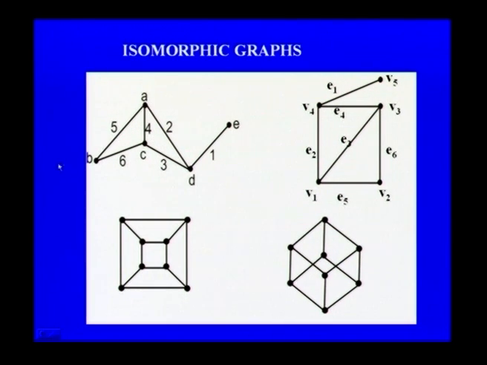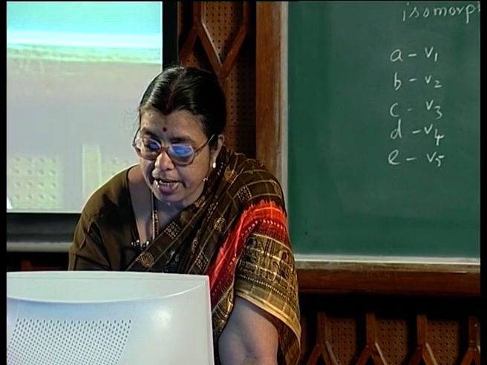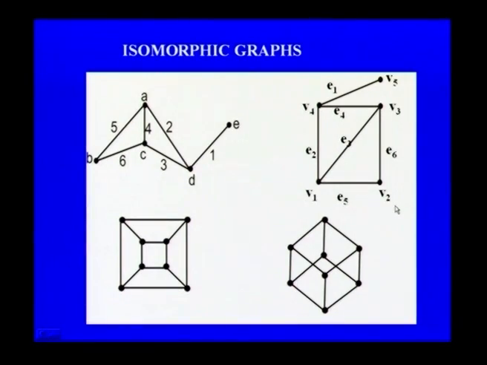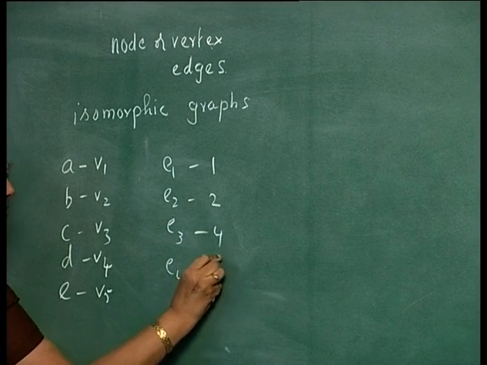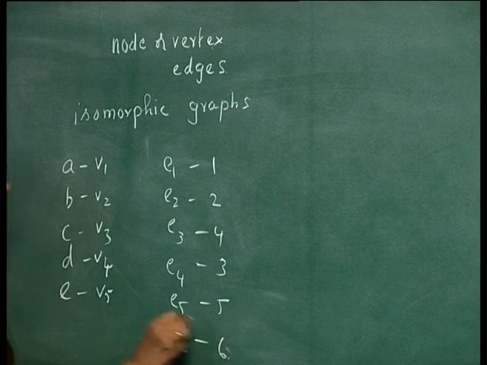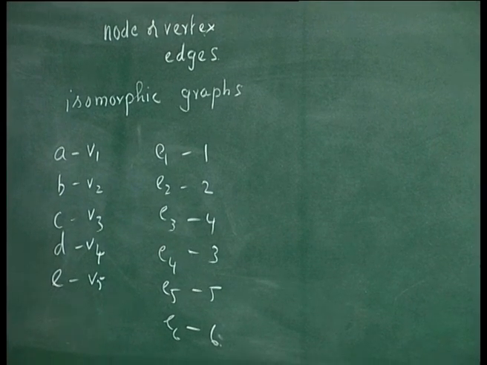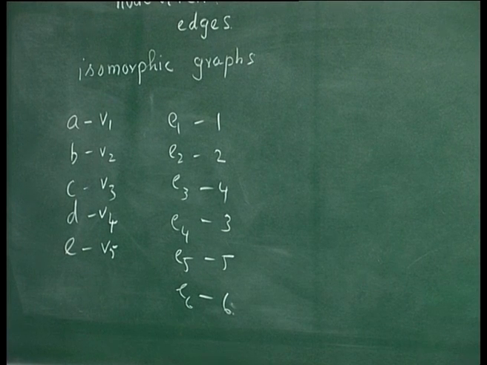Between A and B there is edge 5 which corresponds to E5 between V1 and V2, and between B and C you have edge 6 which corresponds to E6. So, here E1 corresponds to 1, E2 corresponds to 2, E3, E4, E5 corresponds to 5, E6 corresponds to 6, and the incidence relationship is preserved. So, these two graphs are said to be isomorphic.